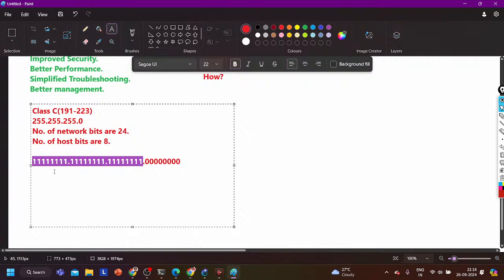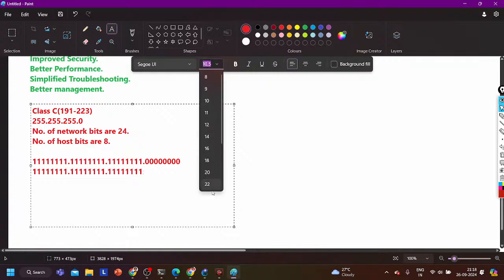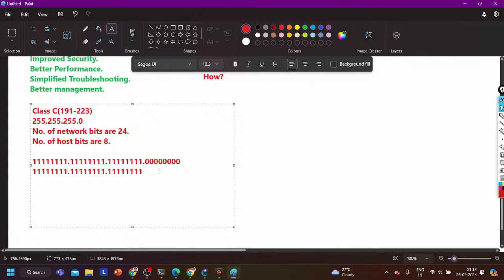If I borrow 1 more network bit here, what happens? Now the subnet mask is going to be 255.255.255.128.